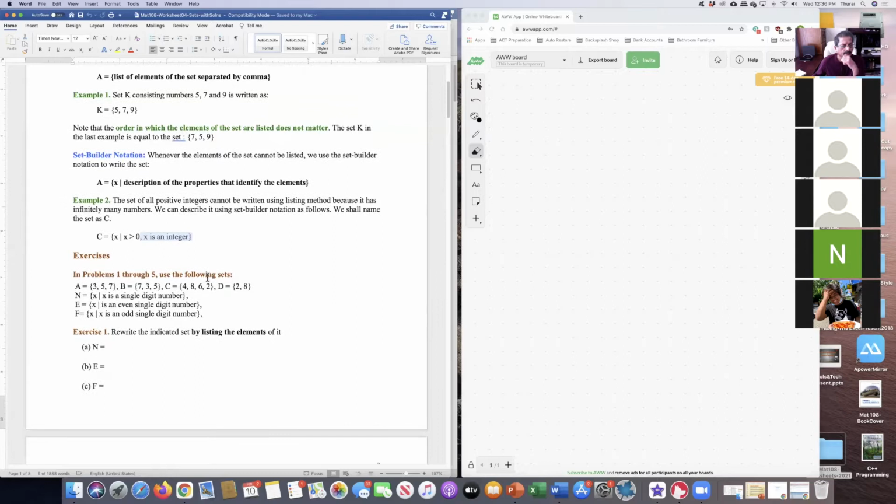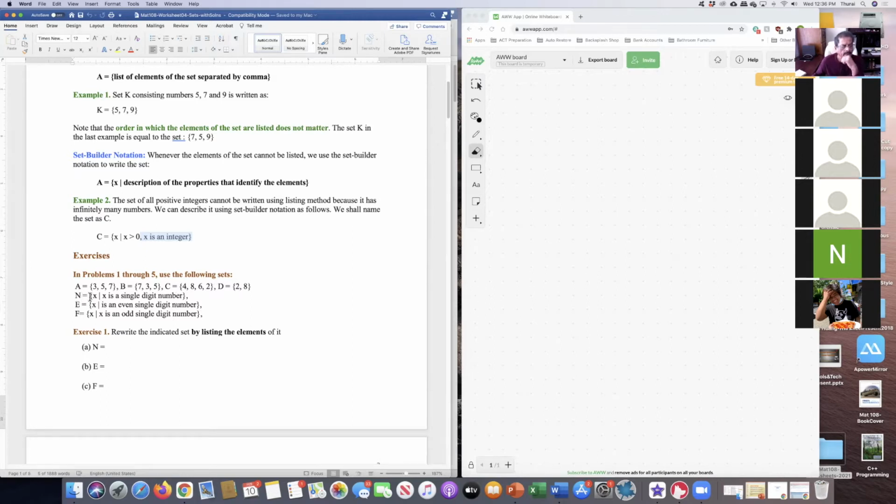All right, so let's see some exercise problems. Four sets are given. A equal to {3, 5, 7}, B equal to {7, 3, 5}, and so on, with sets containing 4, 8, 6, 2 and 2, 8.